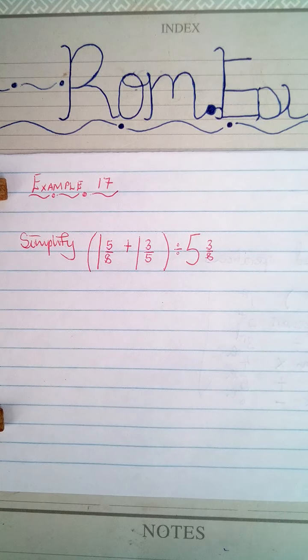So let's look at our first example, number 17, where we are told to simplify (1 and 5 over 8 plus 1 and 3 over 5) divided by 5 and 3 over 8. So remember, we're going to apply Bodmas here. Remember, we said under Bodmas, we first look at, am I given anything inside the brackets regardless of the sign? Yes, I'm given, right?